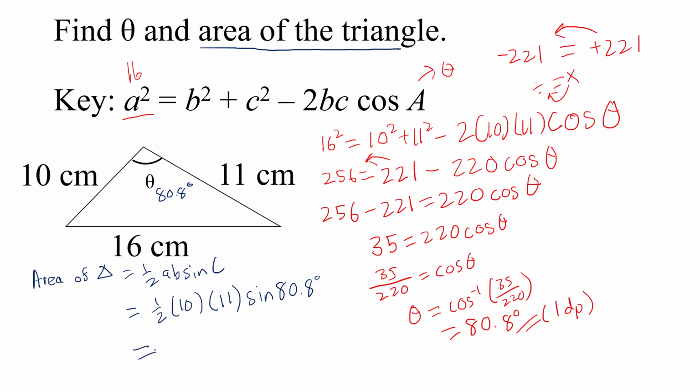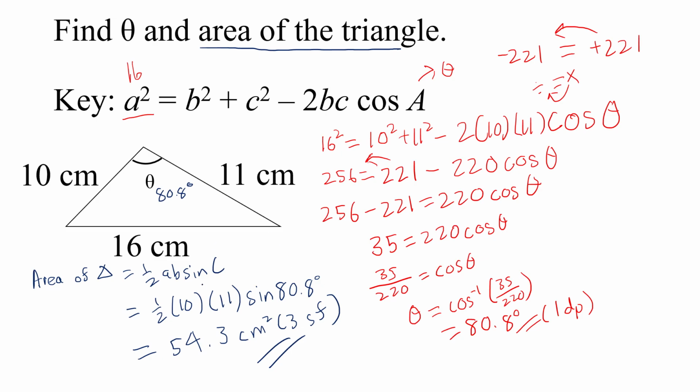And this will give me 5 times 11 times sine, and I will get 54.3 cm squared. This is to 3 significant figures. And this will be my answer.